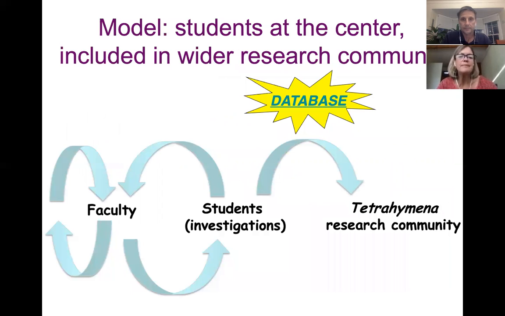So in our model, students are at the very center. They're collaborating with faculty and also disseminating their discoveries to the broader research community. And in doing so, they're able to see themselves as part of the research community, and this helps develop their identities as scientists.